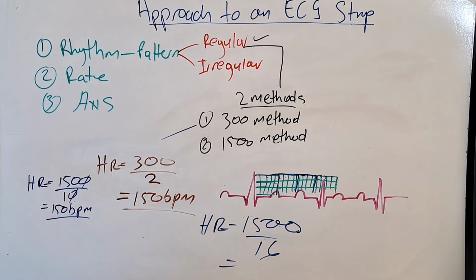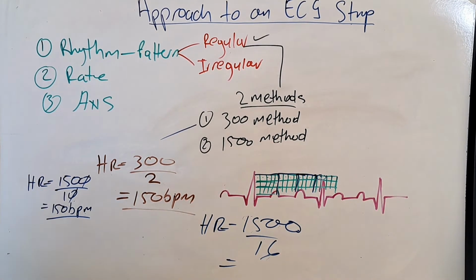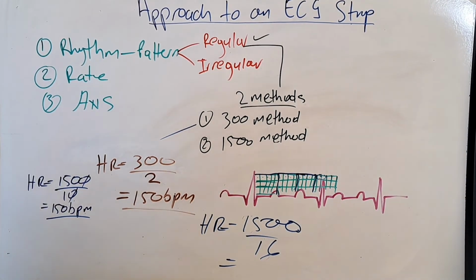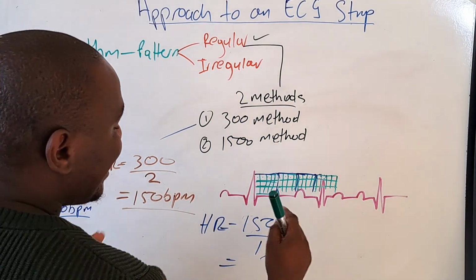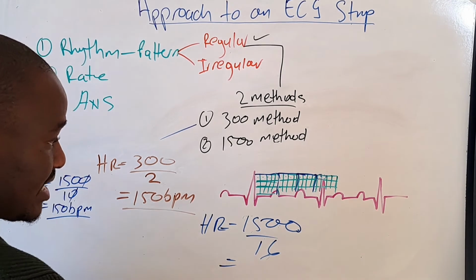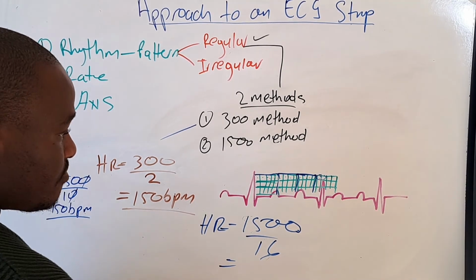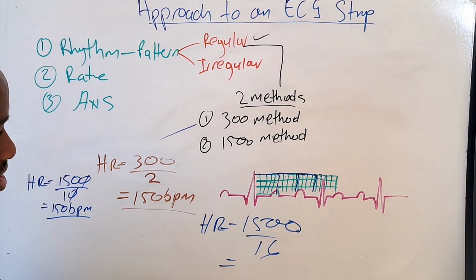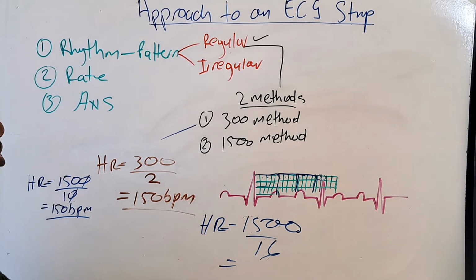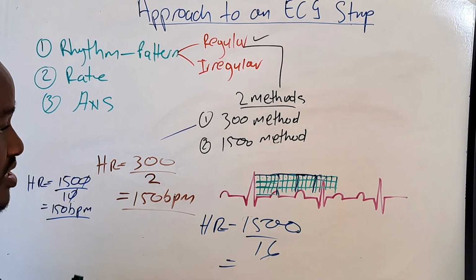So I just want to repeat what I'm saying. The 300 method is good when your big boxes are well aligned with the RR. They don't overlap the RR, the R wave. But clinically, that's very rare, so you're going to get confused if you use the 300 method.